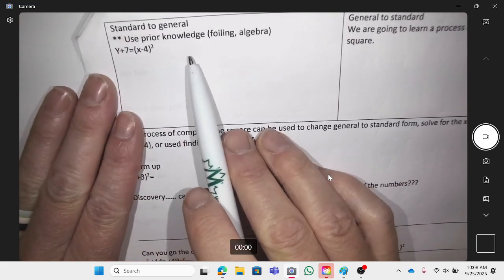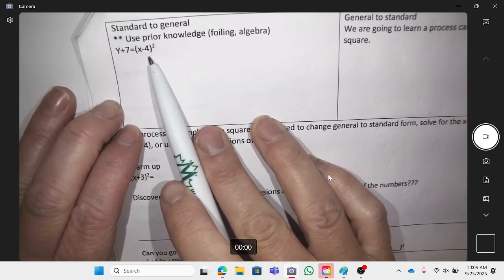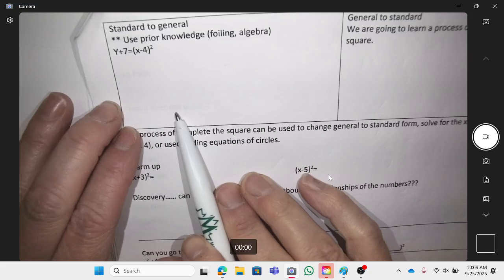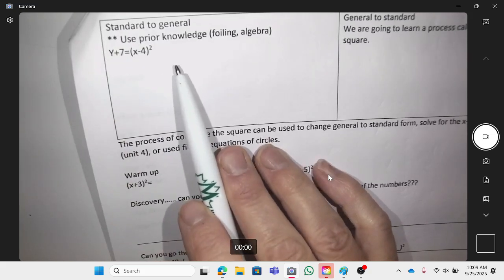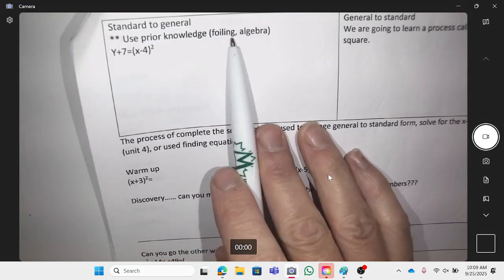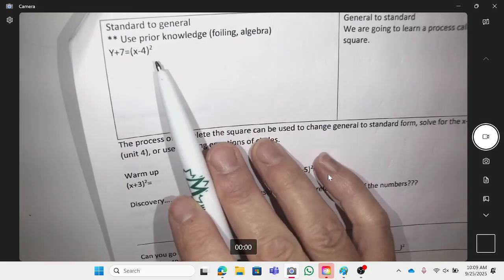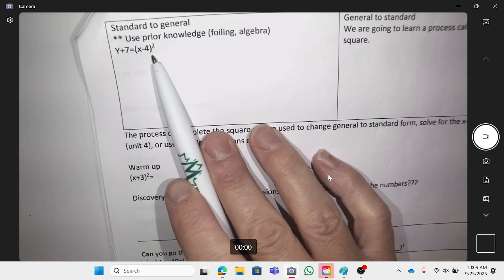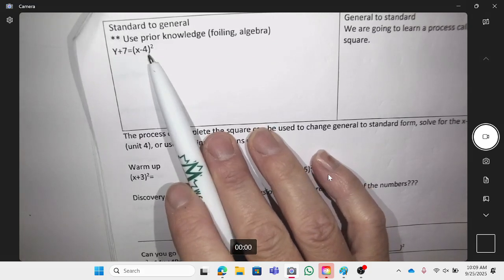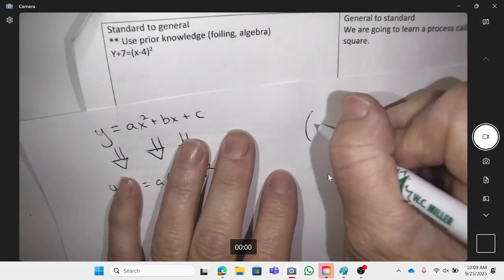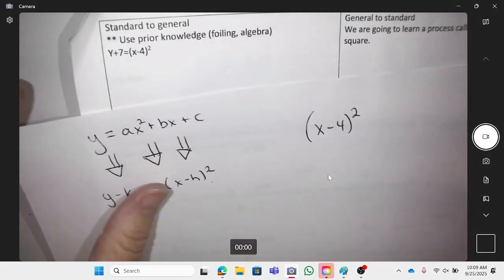So this would be the easy way. This would be standard into general. Okay, so here's the thing you would do. BEDMAS says to square this. Now, here's something that maybe you've never thought about before.